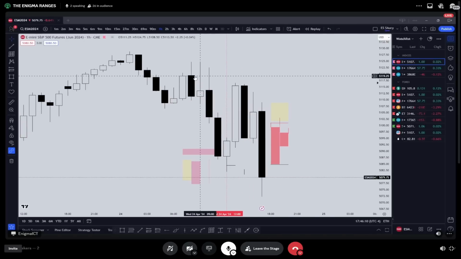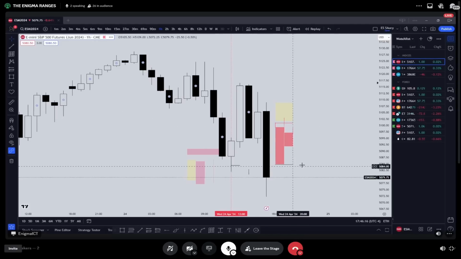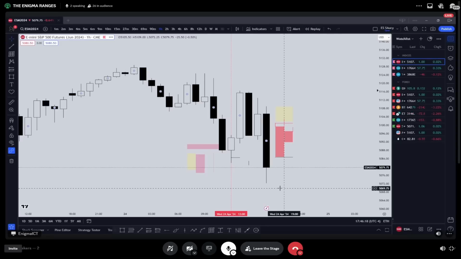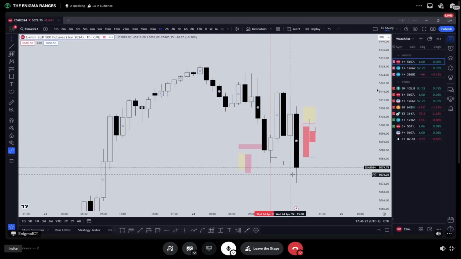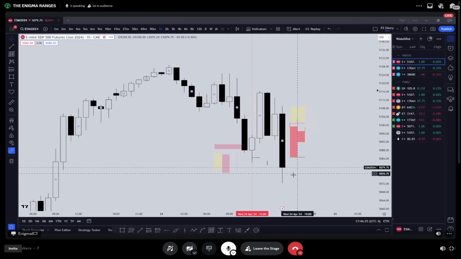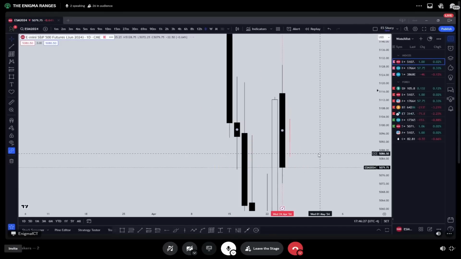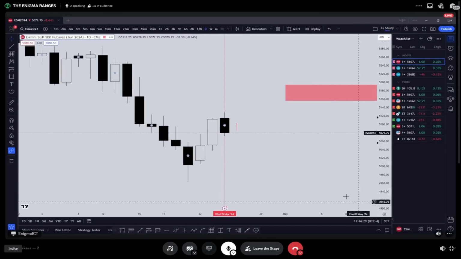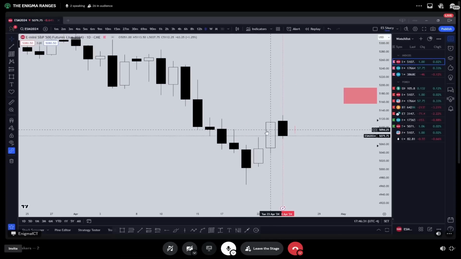When this ICR forms, if the next one opens low, longs are so good. If it opens low and all that, you see this as well on the daily.